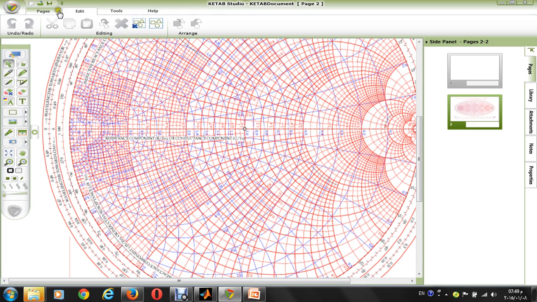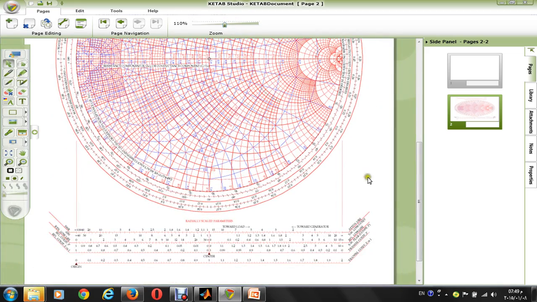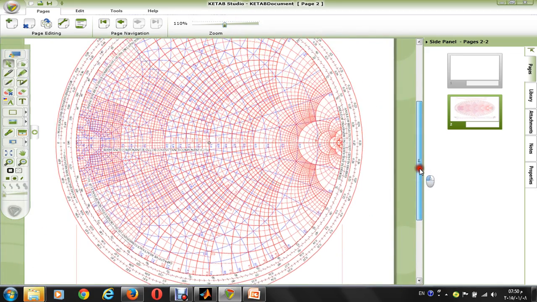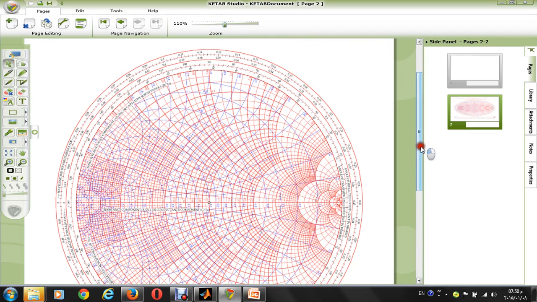Okay. Zoom out a little bit. Now I will start solving the example.